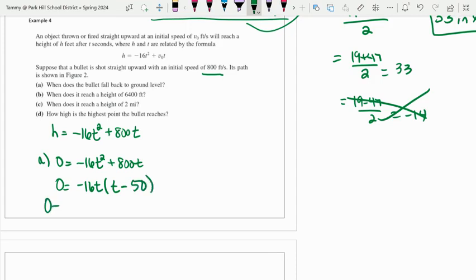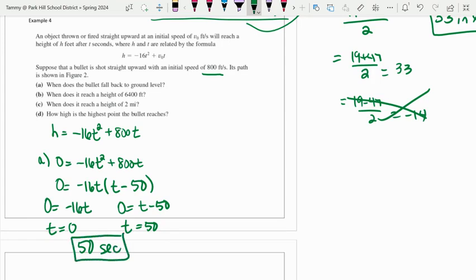So 0 equals negative 16t and 0 equals t minus 50. So t is 0 and t is 50, so my answer is 50 seconds. 0 is the start, so that's letter A.